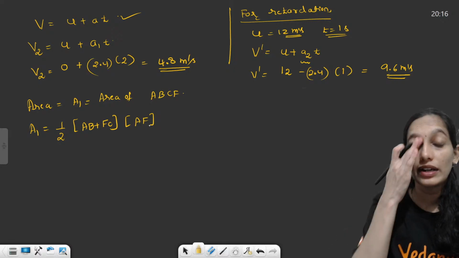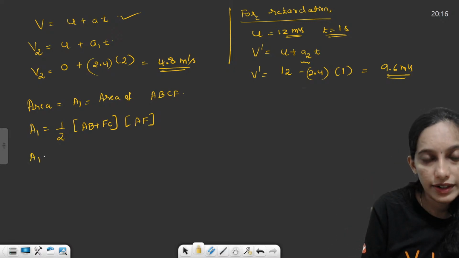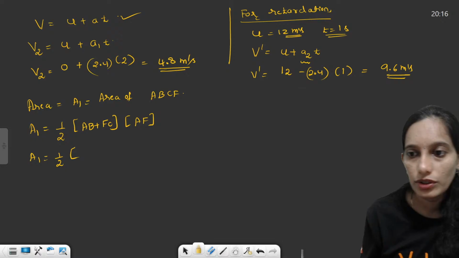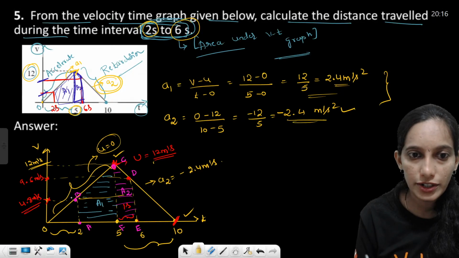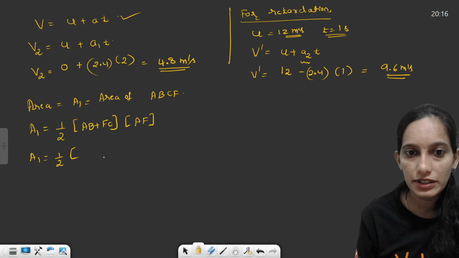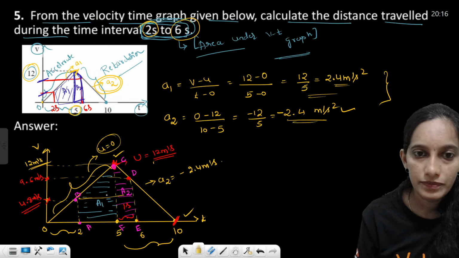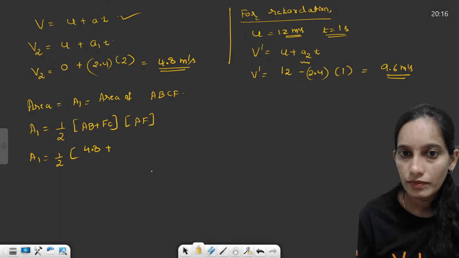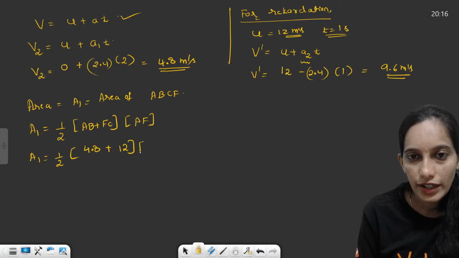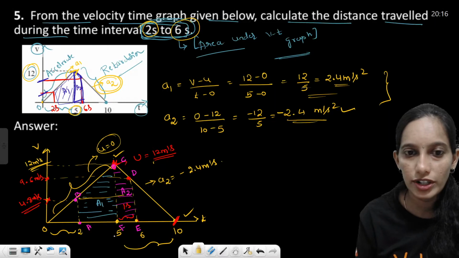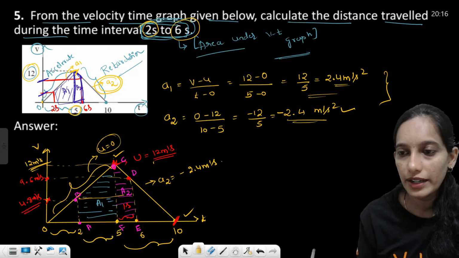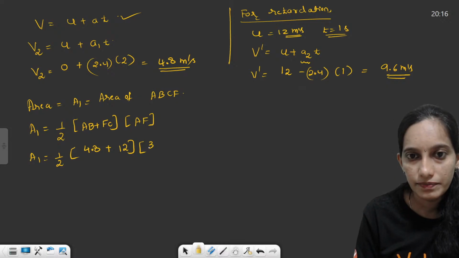That will be the time interval. So let's substitute. A1 is equal to half into AB, how much is A to B, it is 4.8 meter per second, plus FC, how much is it, this height F to C is 12, into AF, so time duration is 5 minus 2, that is 3 seconds.